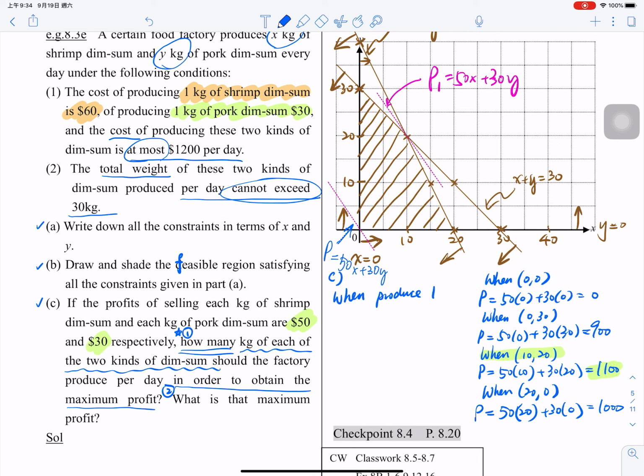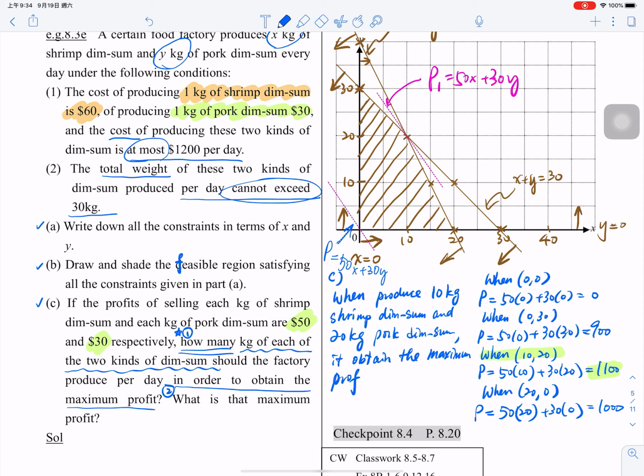So when x equals 10 kilograms, that means produce 10 kilograms of spring dim sum and 20 kilograms of pork dim sum. It obtains the maximum profit, $1,100.